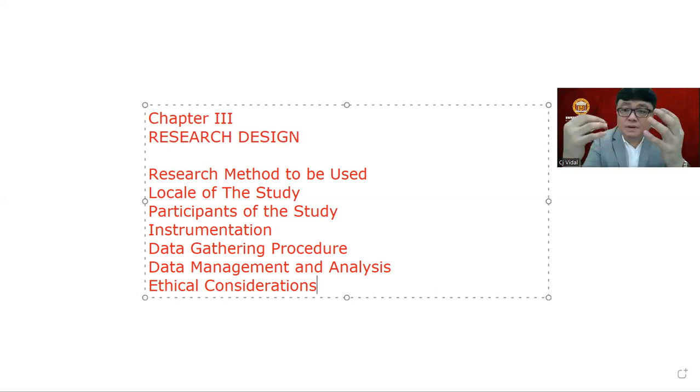And have all this automatically transposed into the past tense form once you are done with the research, once you have already completed the study. So the final report will now be in the past tense form for the verbs that you use in the discussions.